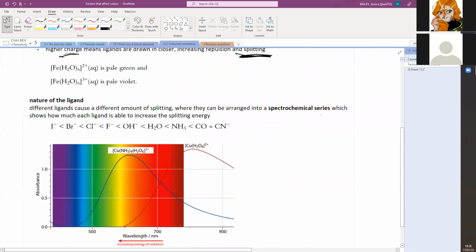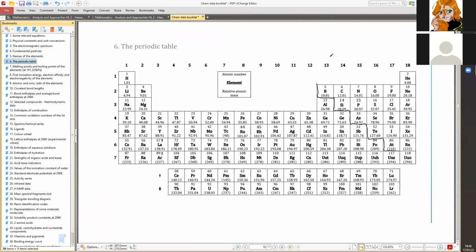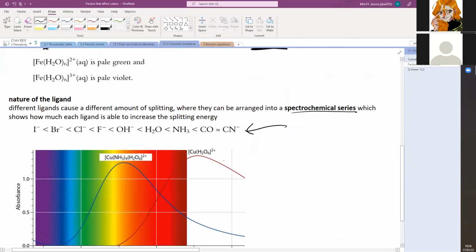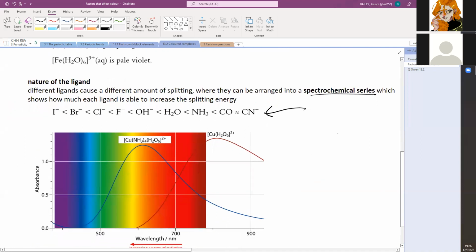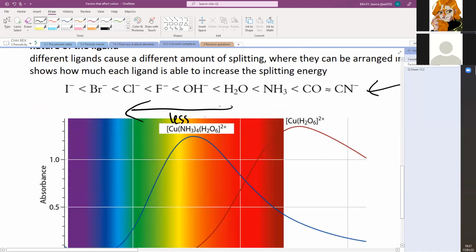And the last thing is what type of ligand you have. It's called the spectrochemical series, and you can find this in your data booklet, section 15 right there, which gives you this entire list, and it tells you how strong a ligand is, essentially. So the further down you are here, the less splitting you cause.